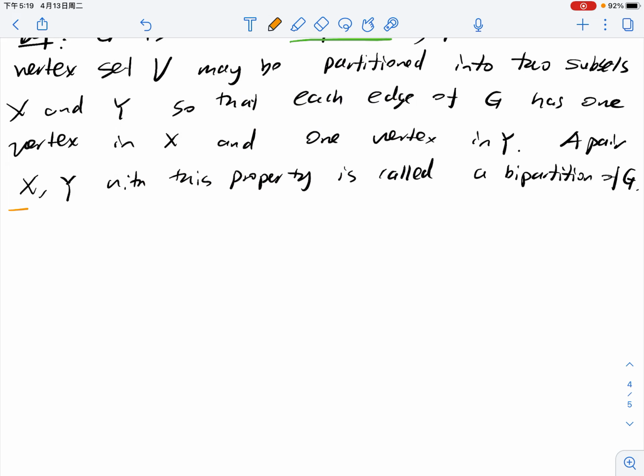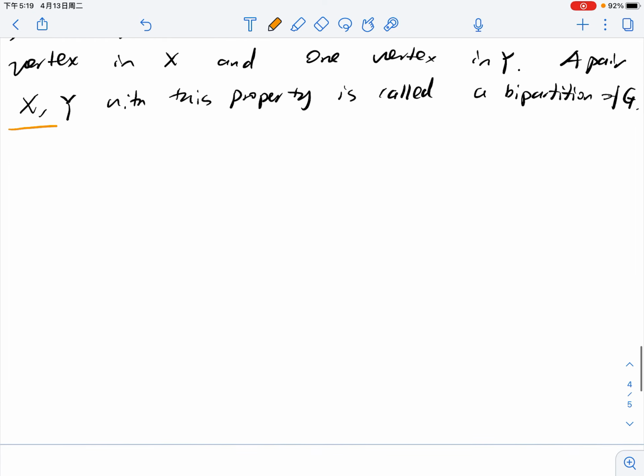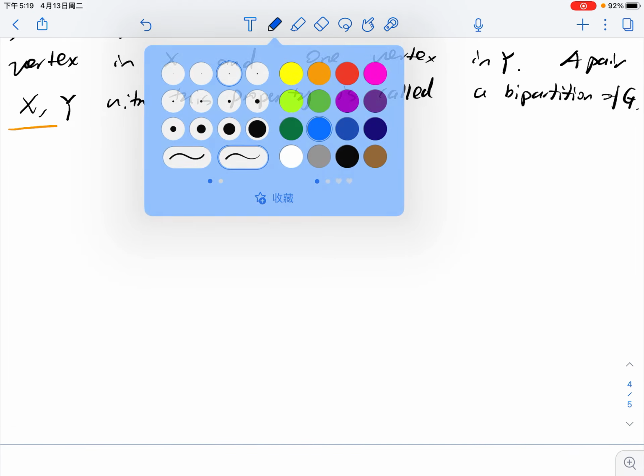So in other words, graphically we can do the following.